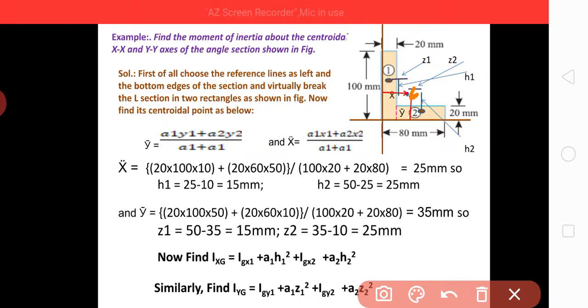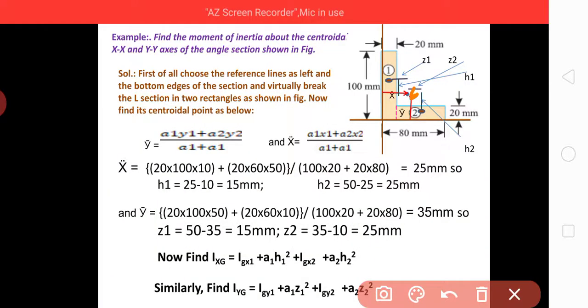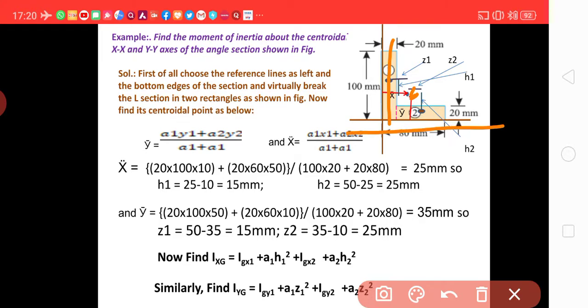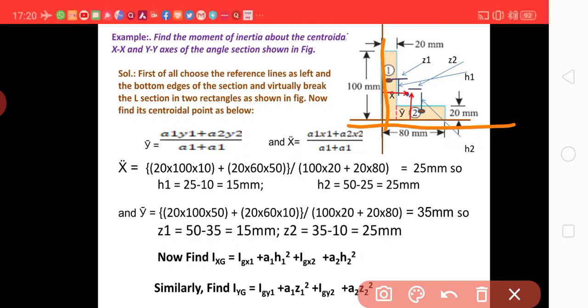So in this case, first define the reference lines. These are the left hand edge and the bottom edge as the reference axes for the centroid to be known first.